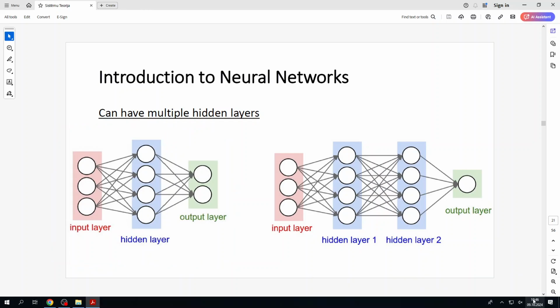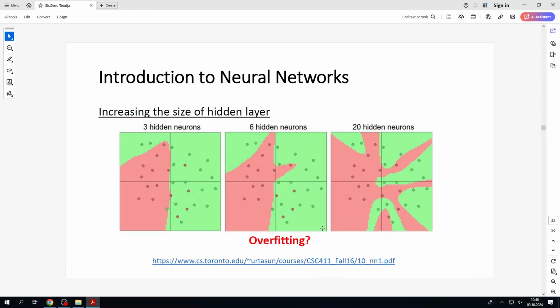In the first picture we only have 3 neurons, and the boundary between two classes, this limit, is somewhat generic. It is still a non-linear function, but it's nothing too complex.